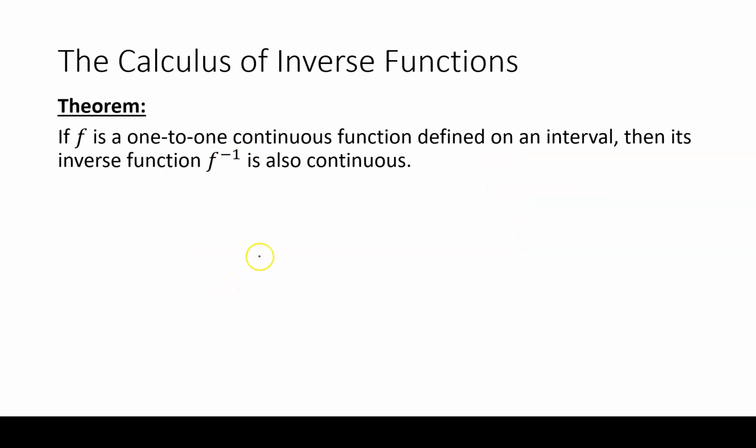So with this in mind, we can start to think about performing calculus with inverse functions. And one important idea is that if a function is continuous, then its inverse function is also continuous. This is pretty easy to visualize graphically.